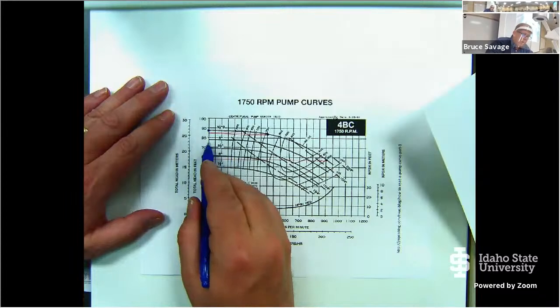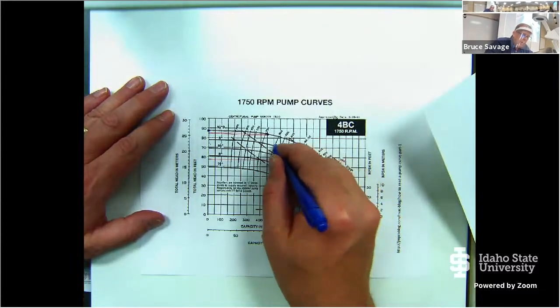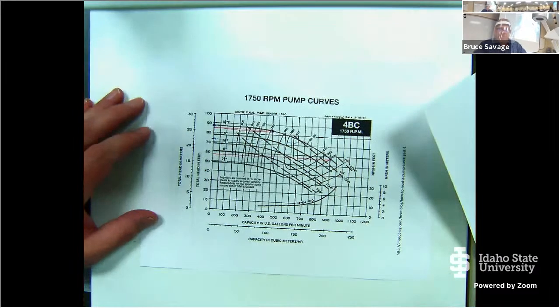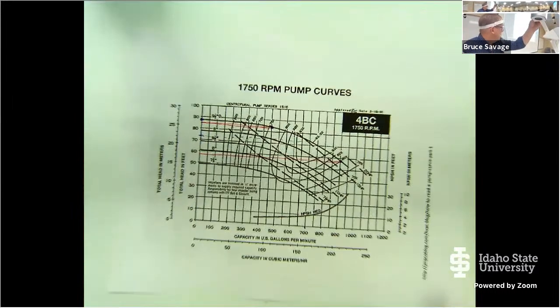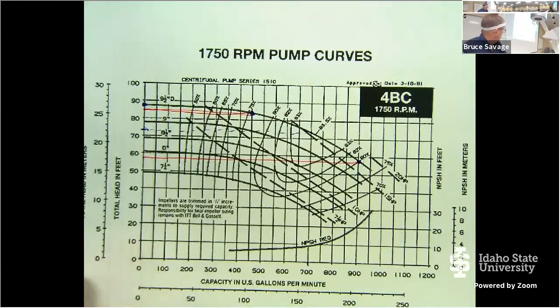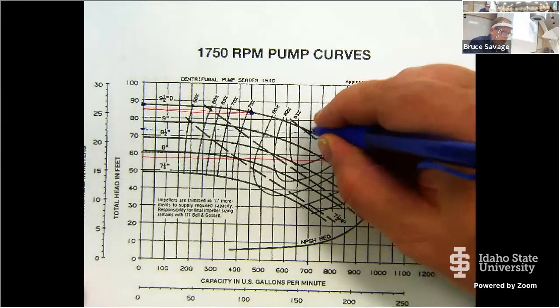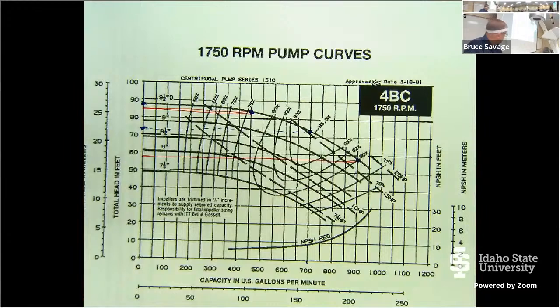And voila, it's approximately 73, as expected. So this point right here, when I read over, gives me this point right there, 73.